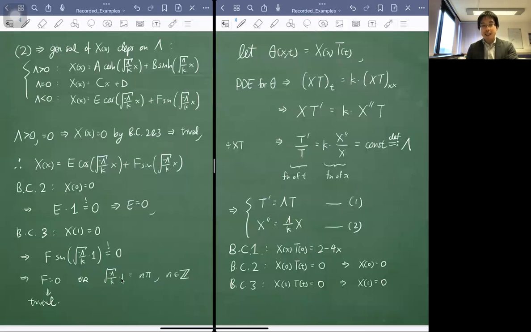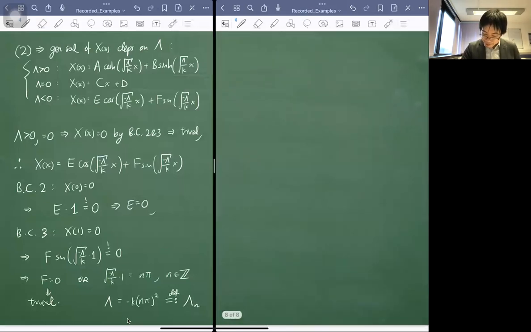Out of all the variables over here, the thing we want to solve for is lambda. So lambda equals n pi, the whole thing squared, multiplied by k and multiplied by a minus sign. So these are your eigenvalues, if you want to define them as lambda n. How about the eigenfunctions?